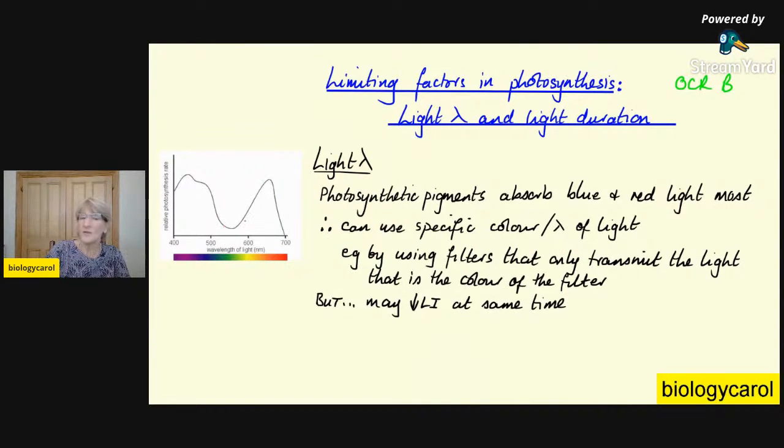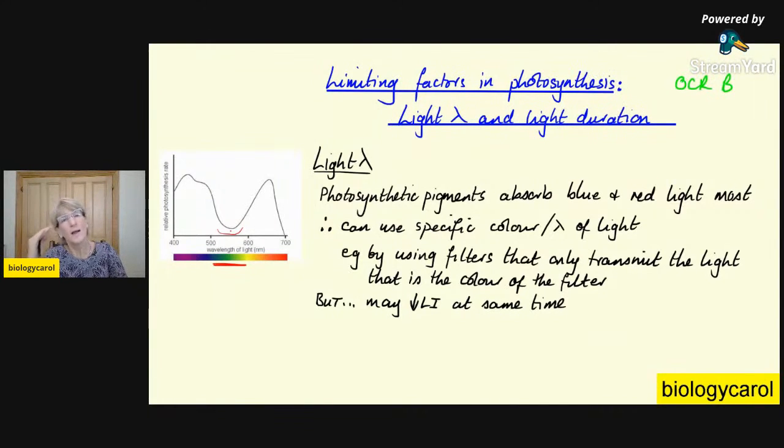If you've seen enough of my videos, you'll have seen me explain this. Notice here that there is a dip in absorption of the light wavelengths where it is green and yellow. That's because those wavelengths of light are reflected off the leaves and into our eyes.